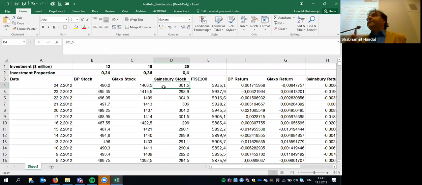Remember, the high value of the stock, the high price of the stock is not a mirror of their success. What matters is the stock return. Return matters, not the price. Okay. Now imagine your stock price is 2000 and tomorrow it goes to 2002.